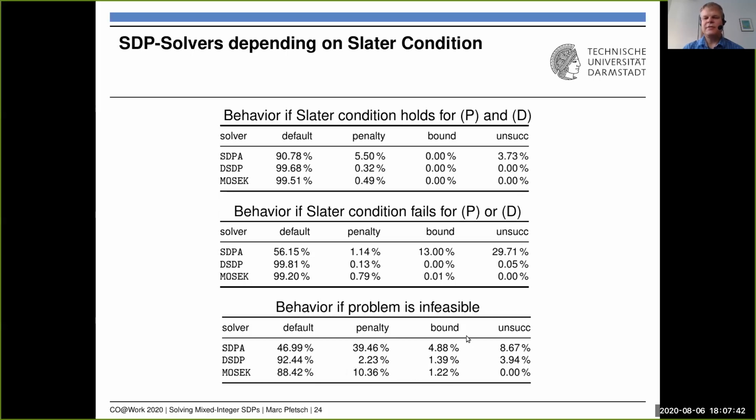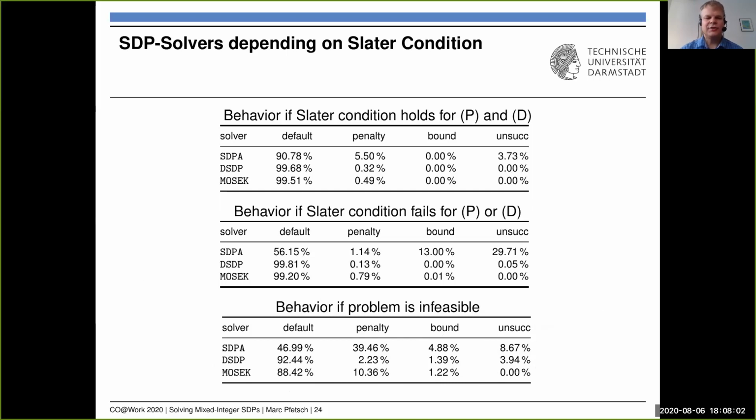And then even sometimes we need this bounding SDP to decide whether the problem is feasible or infeasible. And there are still certain cases where we are unsuccessful, but not for Mosaic, luckily.